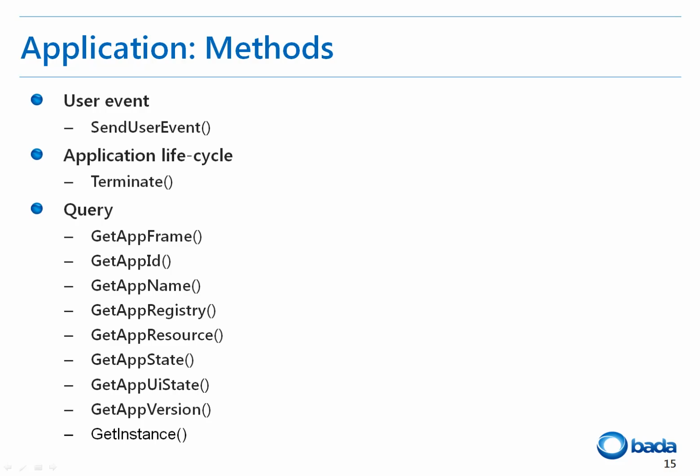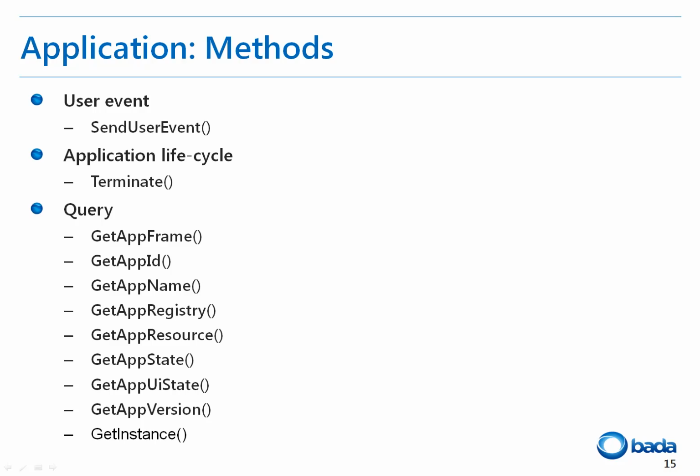To query different information related to the application, we can use the following APIs. To access the application mainframe, you can use the GetAppFrame API. You can get the application ID using the GetAppId API. The GetAppName API gets the name of the application.